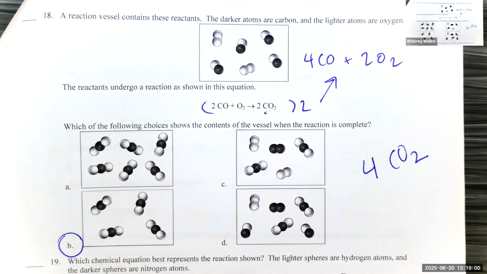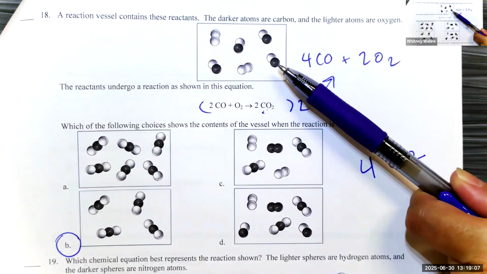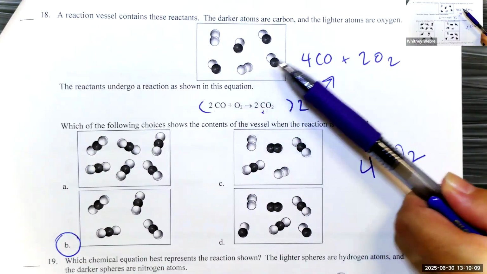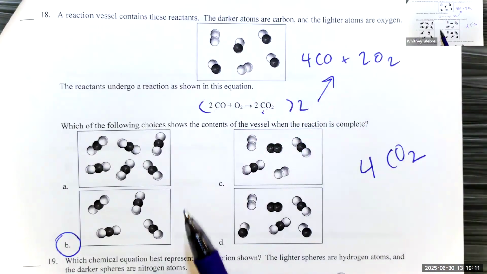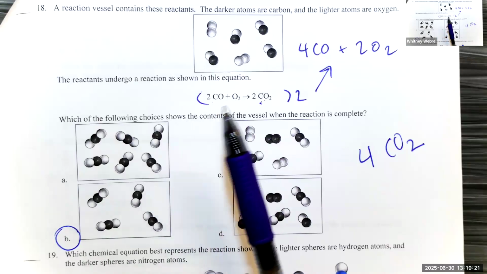Yeah, see how I was able to do that? I looked at the picture and I just counted: these are COs, these are O2s. And I'll tell you now, with the balanced reaction, they're not always going to have it like 4 plus 2 plus 4, because you can simplify them. It's always the simplest version of it, but it's okay, we just doubled it.